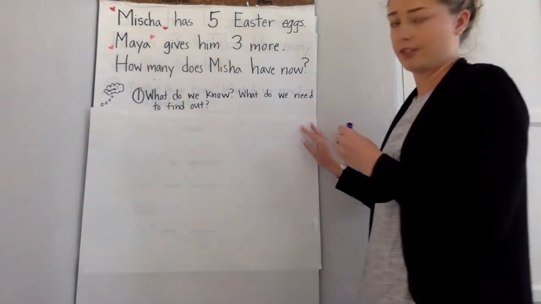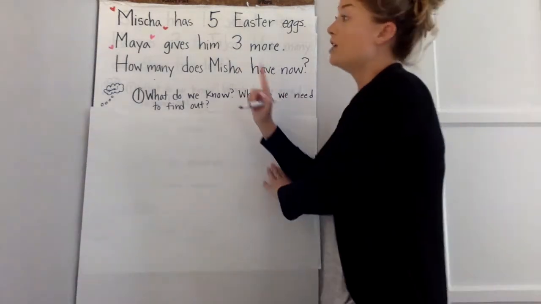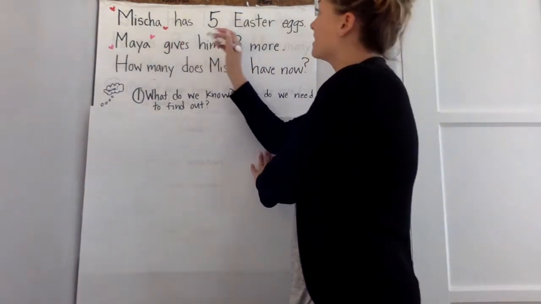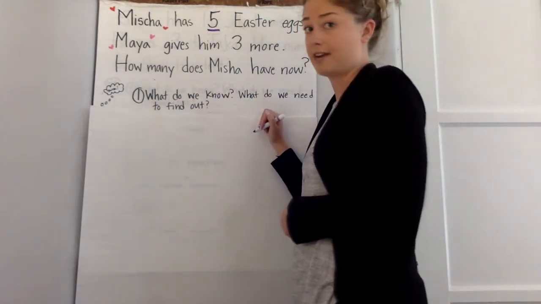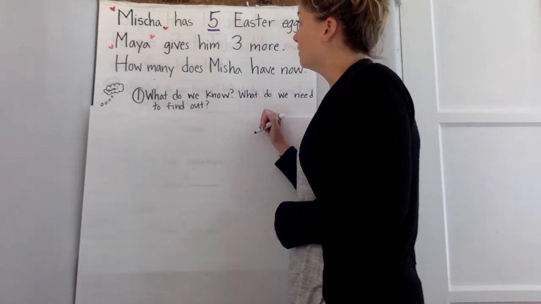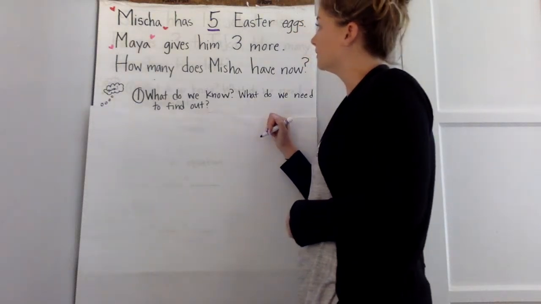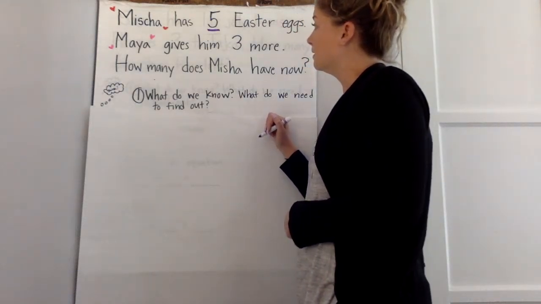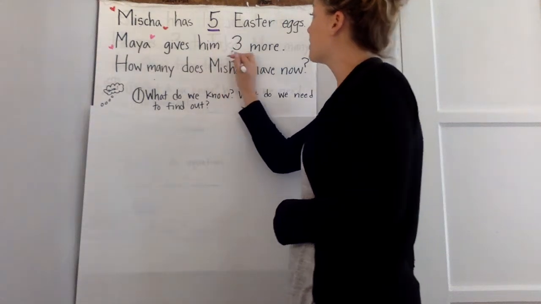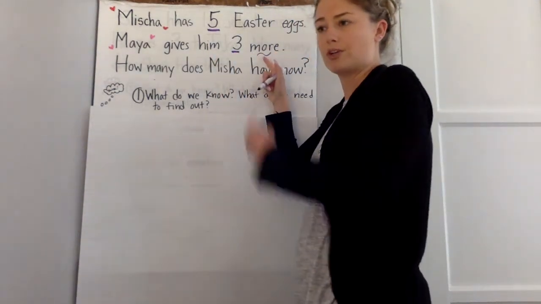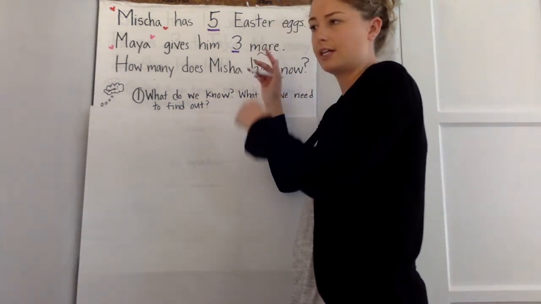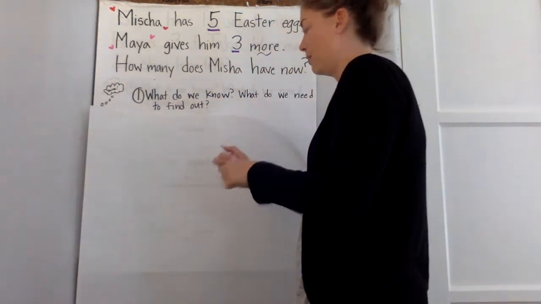Well, first things first, friends. We know that Misha has 5 Easter eggs, right? We know he already has 5. We also know that Maya gives him 3 more. Ooh, that word more should make us think about what kind of action we're going to do with our problem.